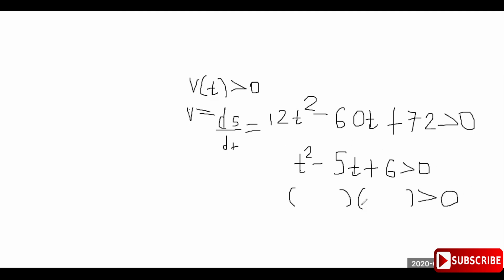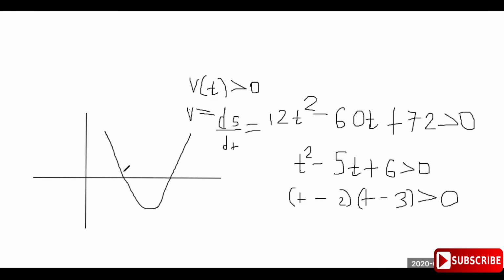We can factorize this to be t minus 3, t minus 2, since the signs are the same, minus, minus. Now, when you reach this point, this is where you have to sketch the graph. When you sketch the graph, it'll be a smile.